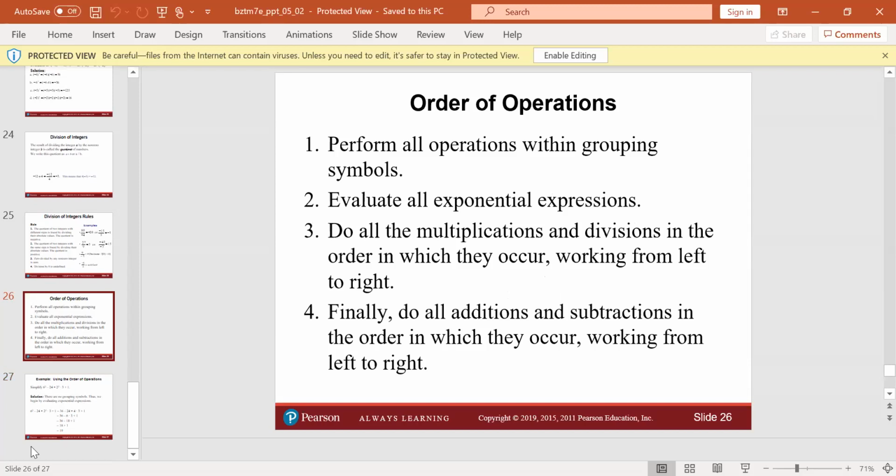So one way to think about order of operations, there is a classic mnemonic device, which is something that helps you remember. How many of you remember what it is? PEMDAS, exactly right.